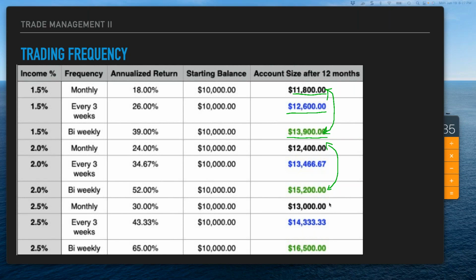This is over 12 months on just a very, very small trading account. Here's the difference at 2.5%, about $3,500. So these really provide a lot of evidence in my mind that shorter expirations produce better results in the long term.